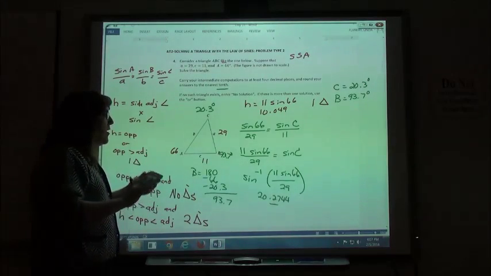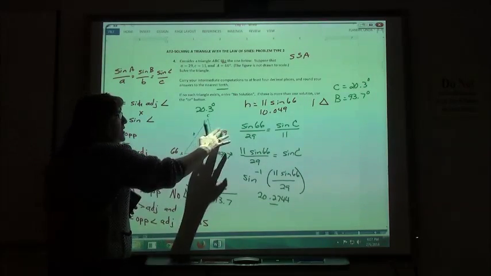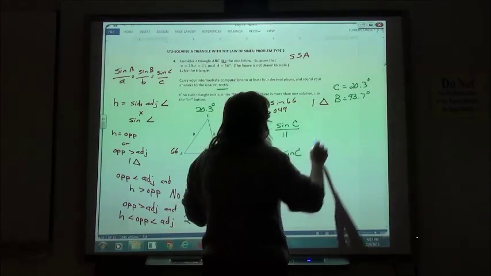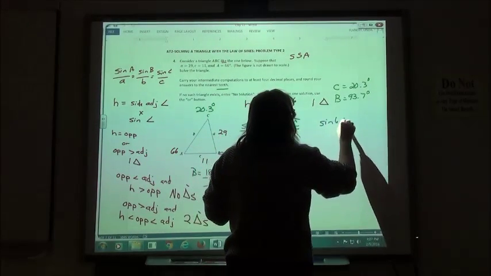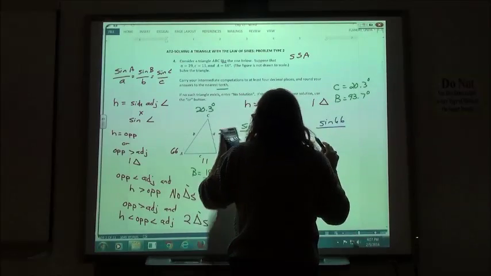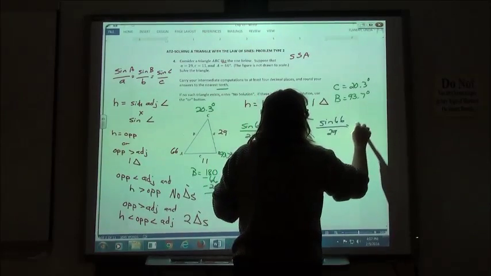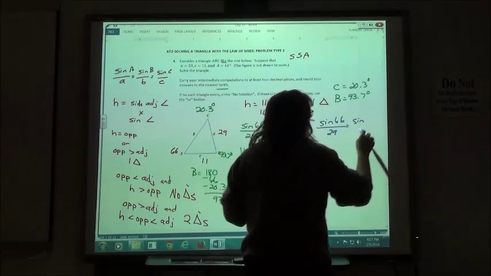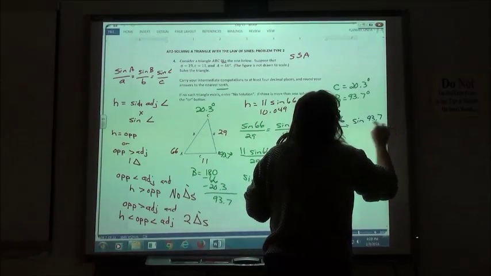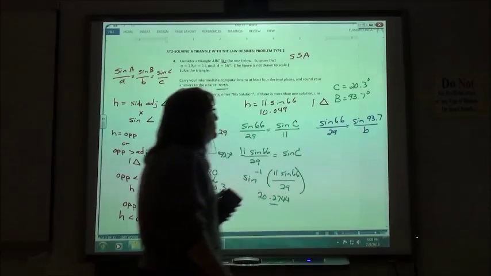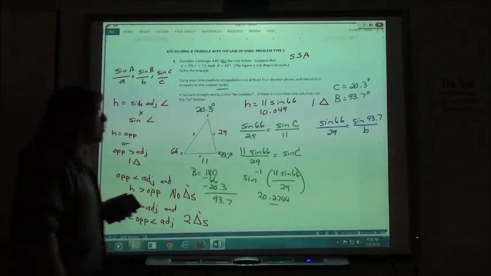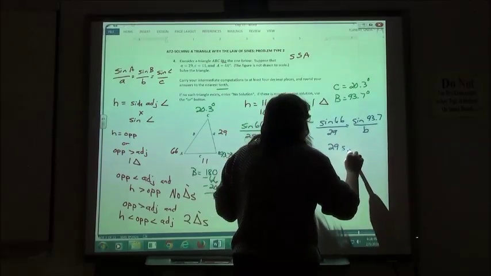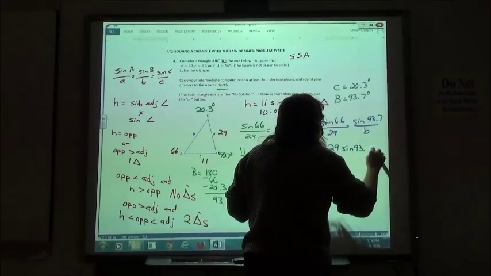Again, to avoid rounding issues, use the original information you had. So in this case, I'm going to use the sine of 66 over 29 equals the sine of angle B, which was 93.7, over B. Solving that by cross multiplying, I'm going to take the 29 times the sine of 93.7.